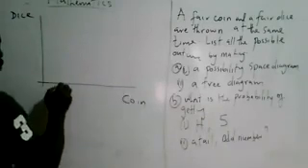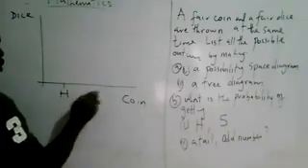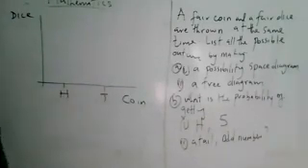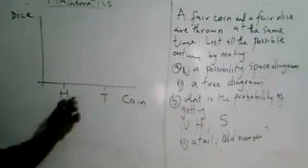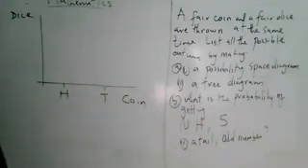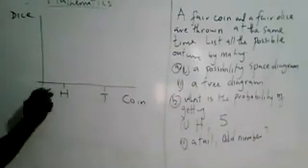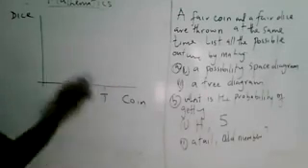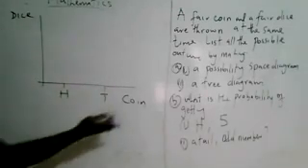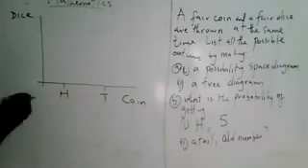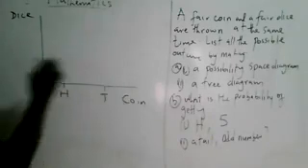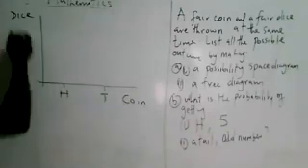Your coin can be head or tail. So this is your head, this is your tail. Now, for your coin segment, your coin can only give you head or tail. You highlight it here.